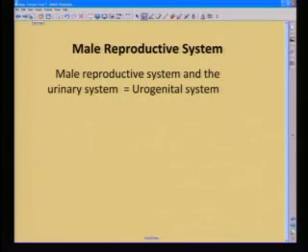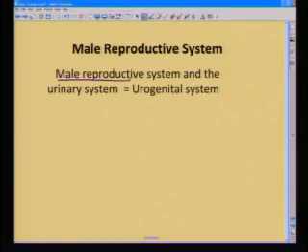The male reproductive system. First thing you must remember about the male reproductive system, girls and boys, is that it joins and is also part of the urinary system. So therefore we call it the urogenital system. Males only have 2 openings at the bottom of their bodies. The one is the anus, which is for defecation.